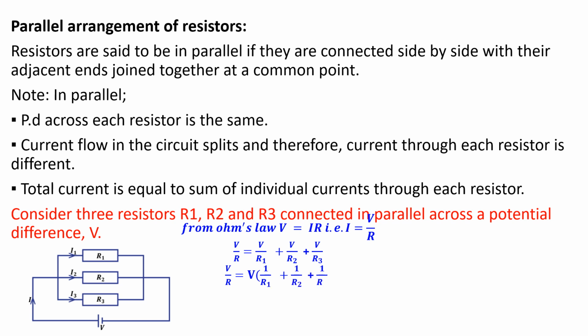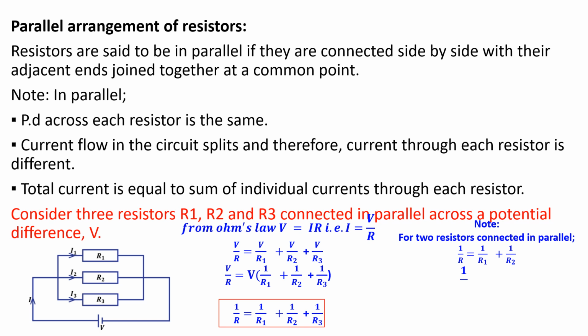Pulling out V, or factorizing V, and dividing both sides by V, I get 1 over R is equal to 1 over R1 plus 1 over R2 plus 1 over R3. So that is one of the equations that we shall use as far as the arrangement of resistors. So we realize that for parallel arrangement, the reciprocal of effective resistance is equal to the algebraic sum of the reciprocals of individual resistances.